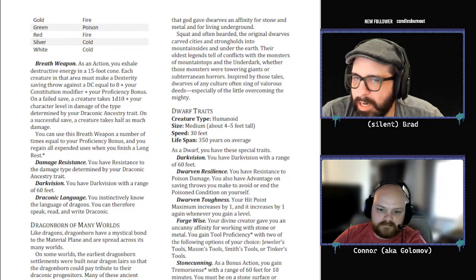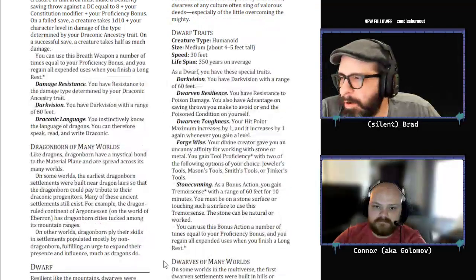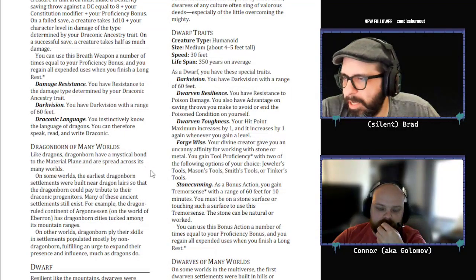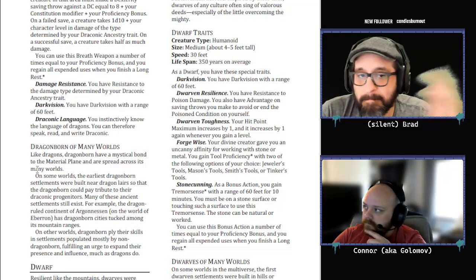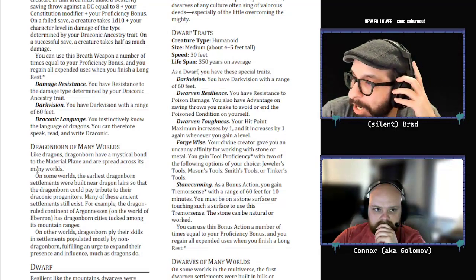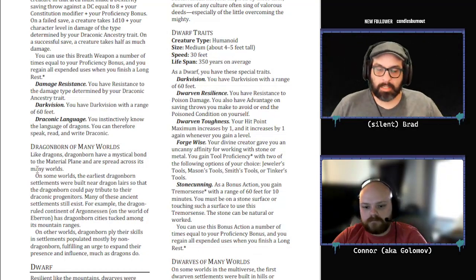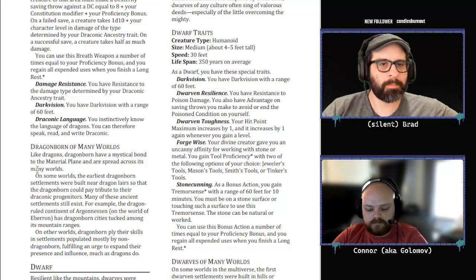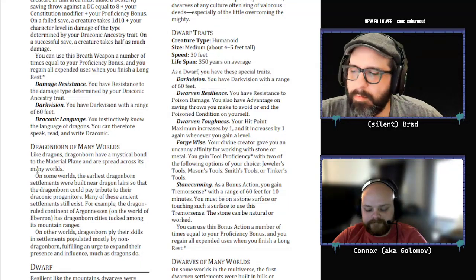And then we get into the Dragonborn of many worlds. They have a mystical bond to the material plane and are spread across its many worlds, which is actually some of the lore that was added in Fizban's for regular dragons, that they are connected, and some of them are connected across planes, the same dragon in different planes.